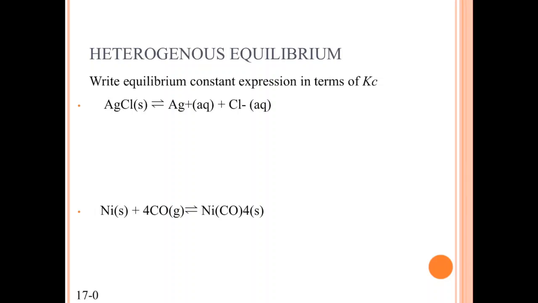Okay, let's look at two other examples. If we have AgCl solid turning to Ag plus aqueous plus Cl minus aqueous, the Kc expression will only include the ones in aqueous state. So Kc is equal to Ag plus multiplied by Cl minus.